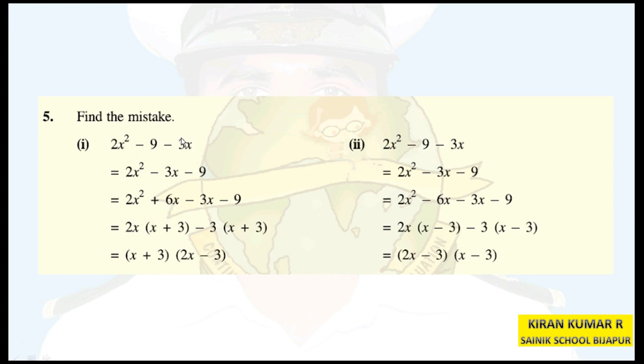You just check it out. Definitely there will be some mistake, so only they are asked in the question, find the mistake. If there is no mistake, there is no problem. You just factorize this and cross check it.